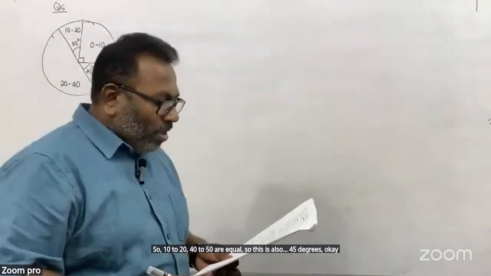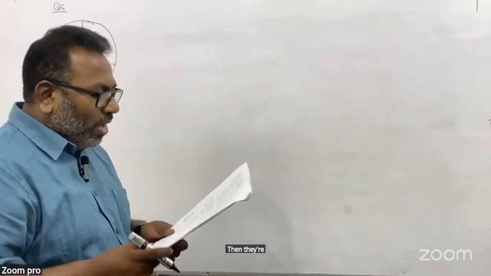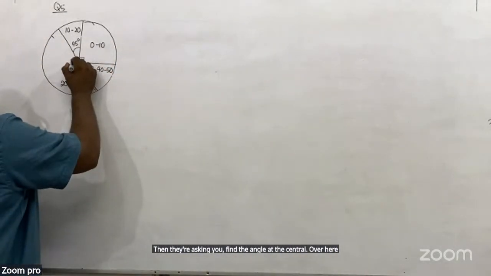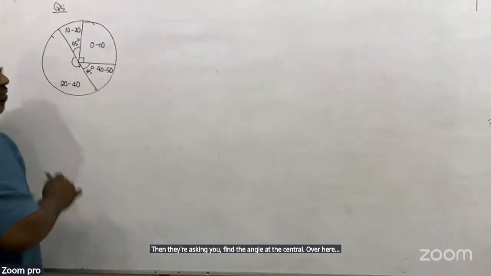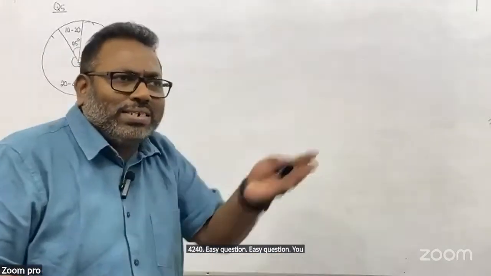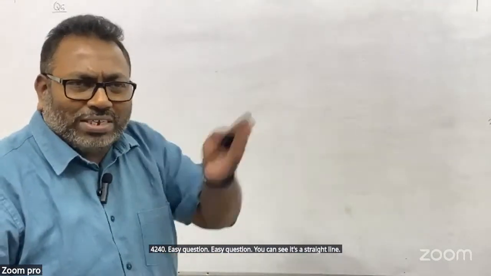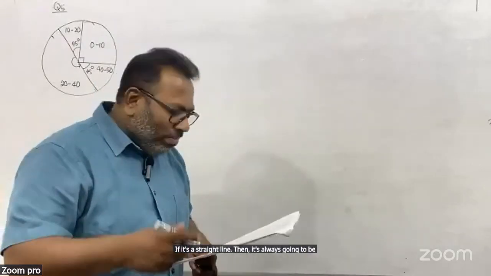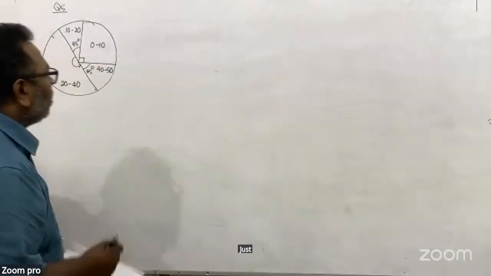Okay. Then they're asking you to find the angle at the center over here for 20 to 40. Easy question. You can see it's a straight line. If it's a straight line, then it's always going to be 180, but let's just make sure, right?